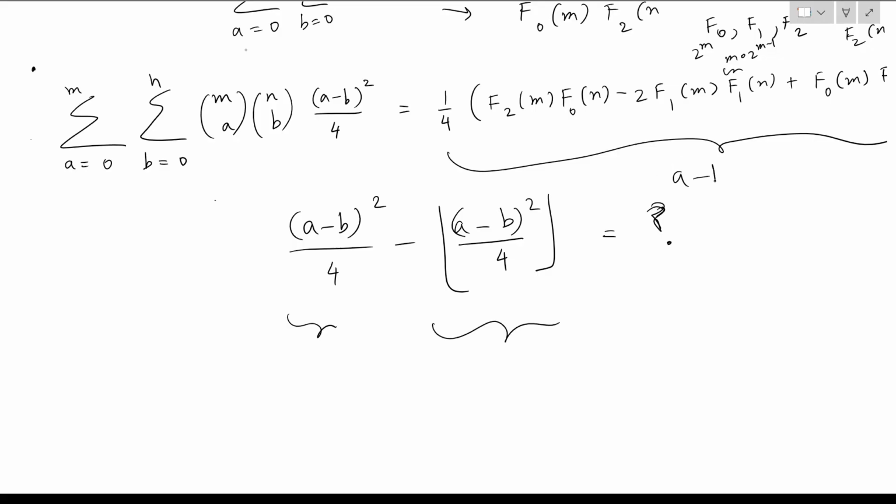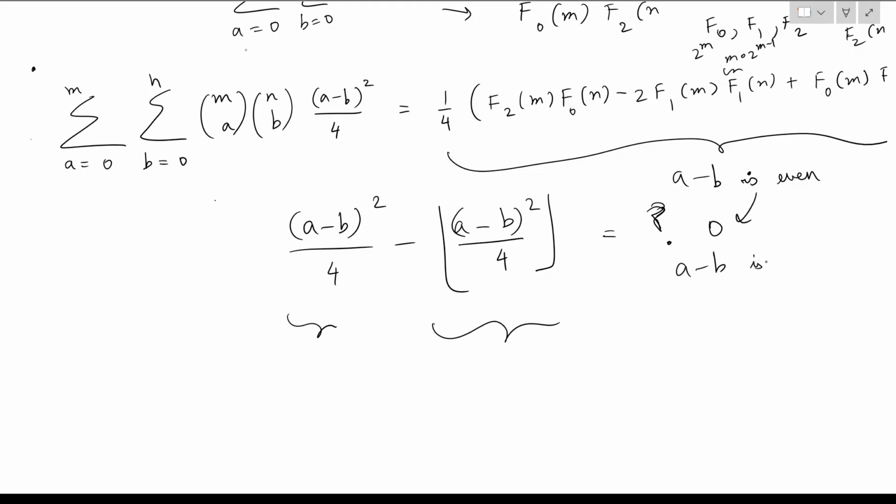So if a minus b is even, we've not overcounted at all because the floor of its square divided by 4 is just the number itself because the square is divisible by 4. And so in that case, this would be 0 if a minus b is even.